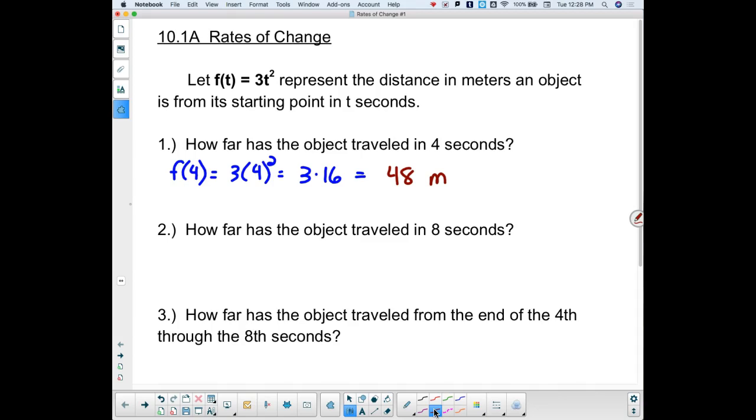Okay. How far did the object travel in 8 seconds? What do we do with that one?